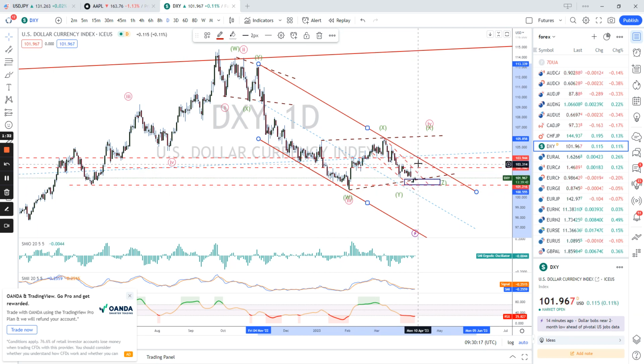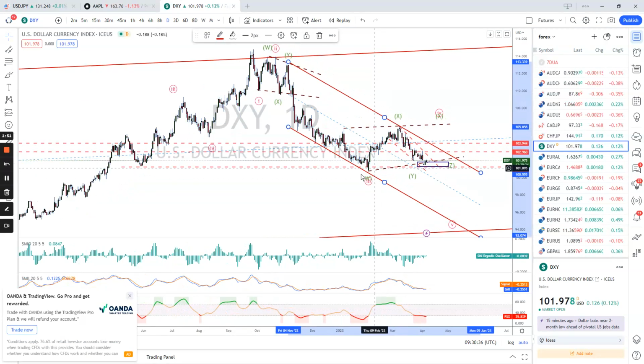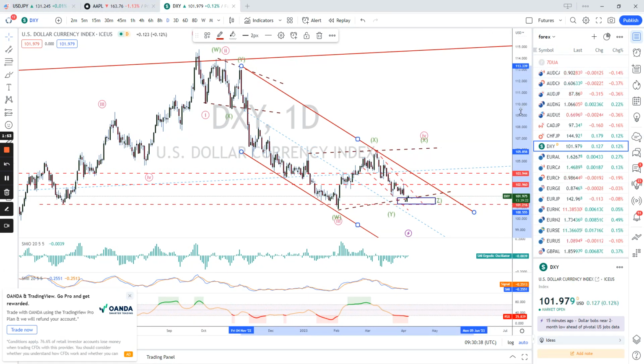So a break above this wedge above 102.5 will lead to a test of 104, and if we get a break there, then we could have a ride, which is predicted by our analysis and counts, to 106 for the DXY.